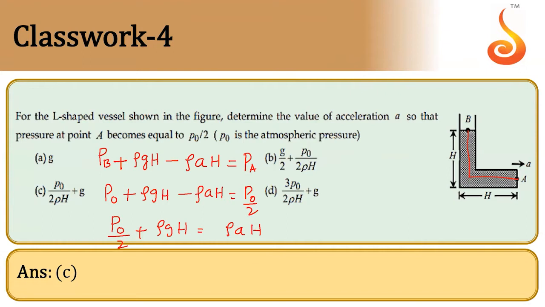Okay. So A you keep there and rho H you bring this side. So P naught by 2 rho H plus G will be remaining, equal to A. This should be the acceleration. That's it. Yesterday I covered this concept, right? Yes. Okay. Copy that. Most of the problems you can do with the help of those concepts which I gave.